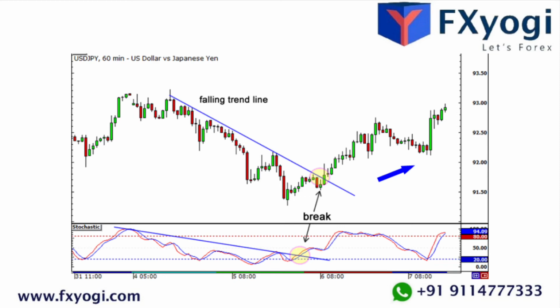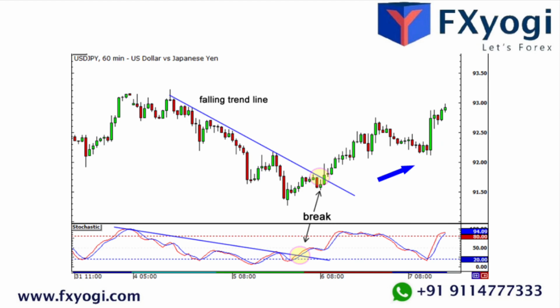Draw trend lines on the momentum indicator itself. This might sound a little ridiculous since you would normally draw trend lines only on price action. This trick can be particularly useful, especially when looking for reversals or breaks from a trend. When you see that price is respecting a trend line, try drawing a similar trend line on your indicator.